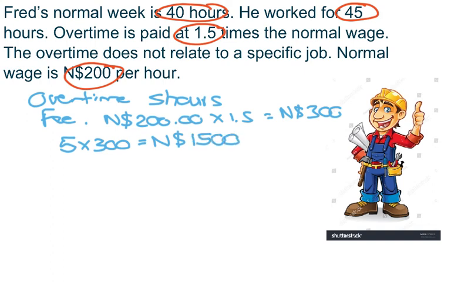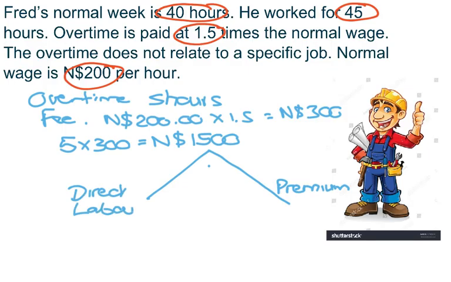How will I account for this overtime? I will split it into my premium and my usual cost or my direct labor. All right. And I said 1,000 will go to direct labor and then 500 will go to my premium.